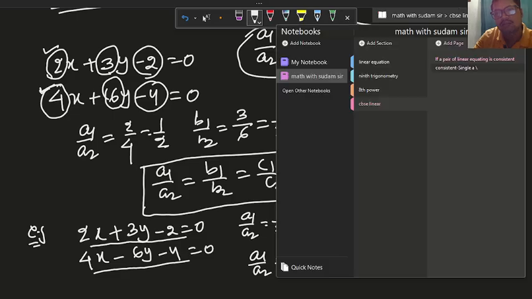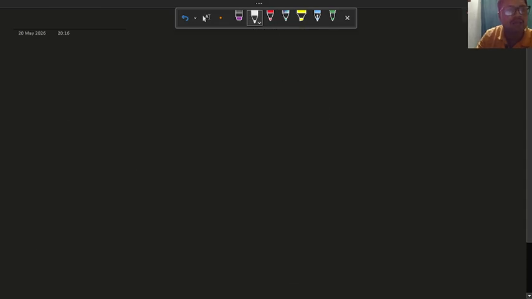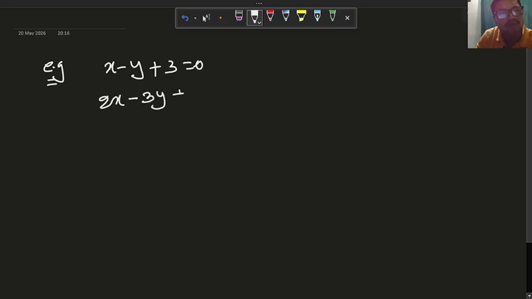Next, another example. Suppose x minus y plus 3 equal to 0 and 2x minus 3y plus 7 equal to 0. Here is equation 1 and equation 2.